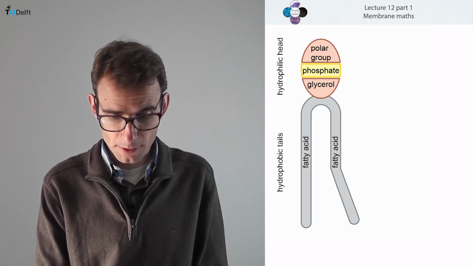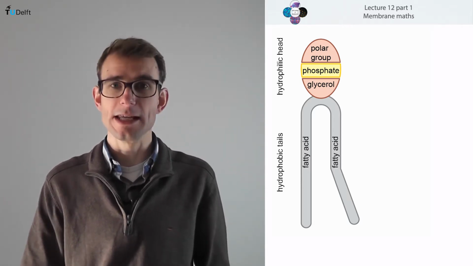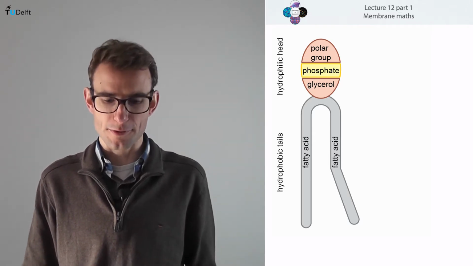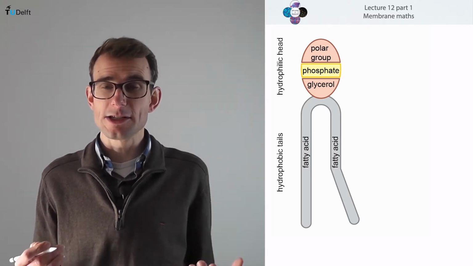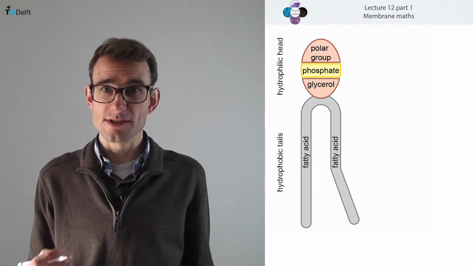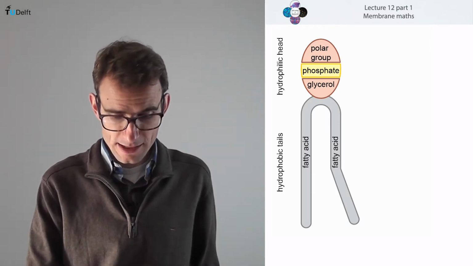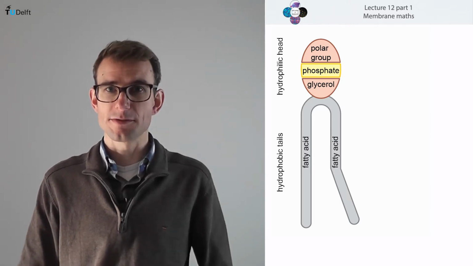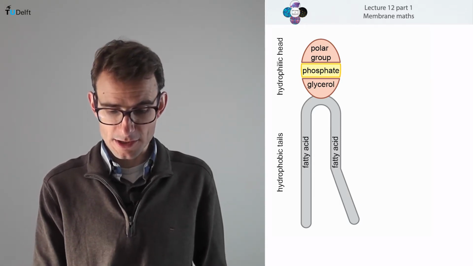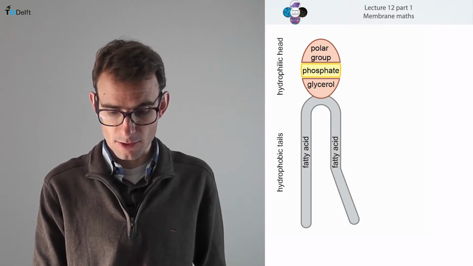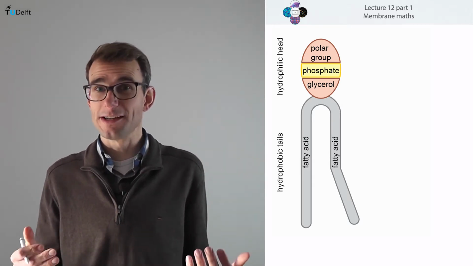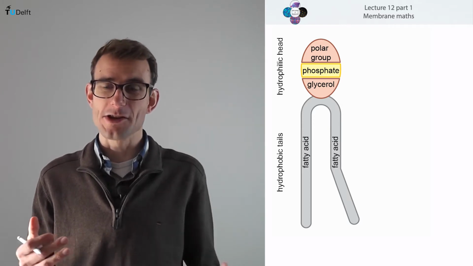So we will have a polar head region, which typically consists of sub-pieces that we will leave aside for now. And then in addition to the head, it has the two tails. And the tails are typically very long and sometimes straight and sometimes kinked. And the tails are essentially long chains of carbohydrates. A carbohydrate chain, as you hopefully know, is essentially oil.